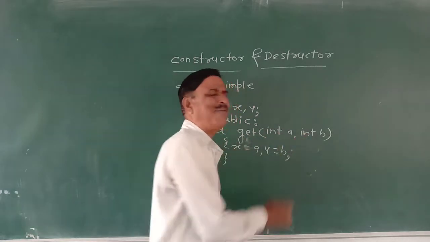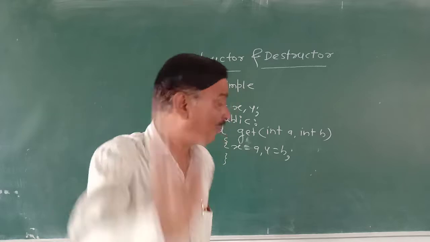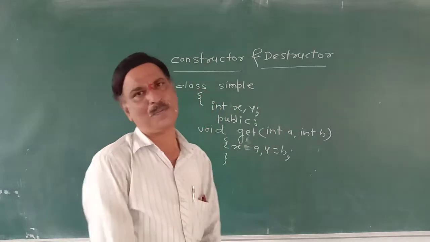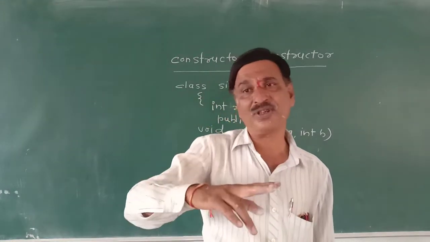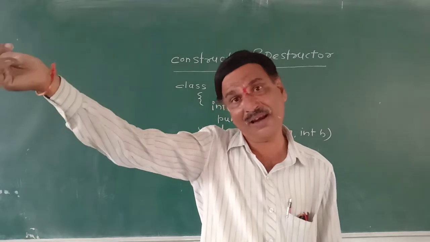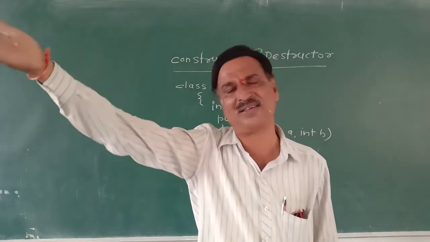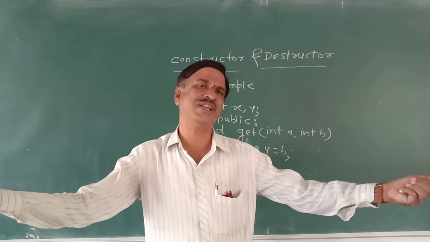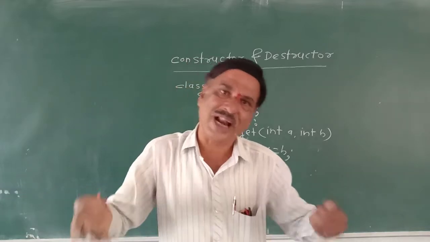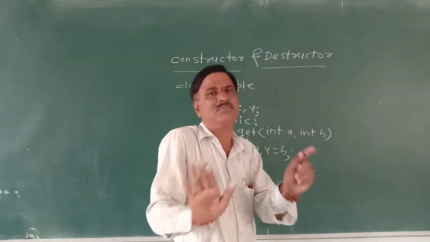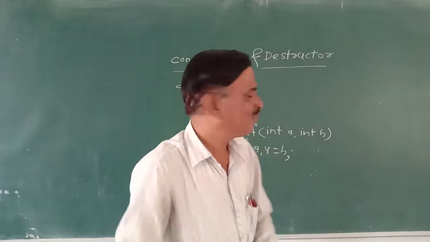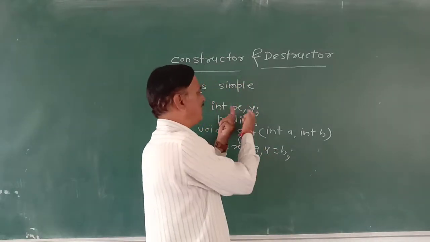And two parameters we have to pass when the function get is called in main. So two integers will be passed. What those two integers will be, we don't know. That's why formally we have given them names, a and b.